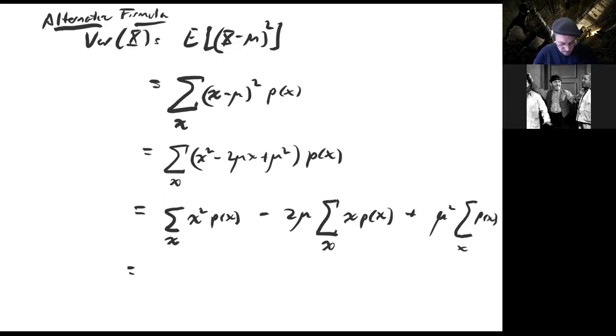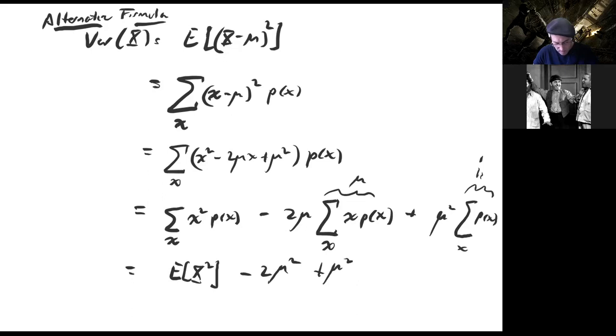And the first term is by definition the second moment. The second term is the expected value, which is just mu, so it's minus 2 mu squared. And the third term, since the sum of the p of x's over x is equal to 1, it's a PMF, you're going to get mu squared.